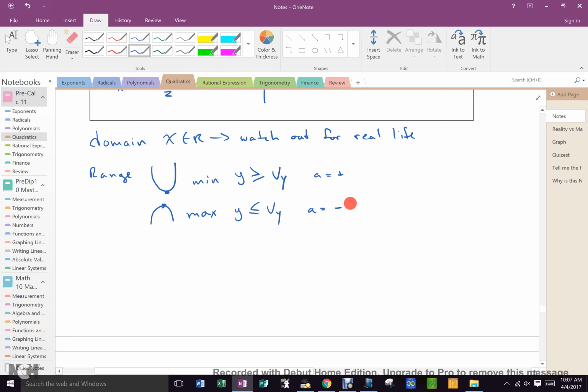The next thing kids mess up on is the stretch. A regular parabola, y equals x squared. If I go over 1, up 1, over 2, what's this? 4. Over 3, 9. It's always squared, yes?